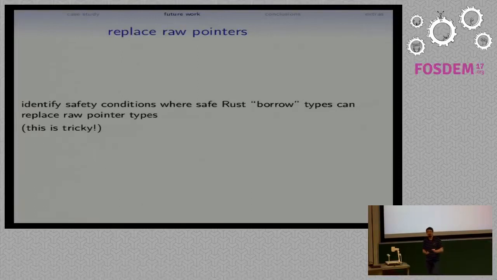And it would be nice to be able to recognize in an at least partially automated way that those raw pointers are being used in such a way that you can replace them with safe Rust types. This is non-trivial. If anyone's looking for a PhD thesis project or something, let me know.